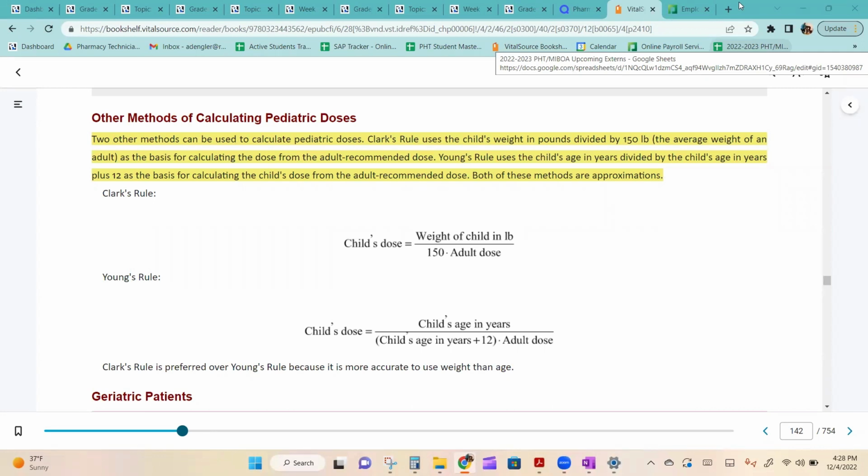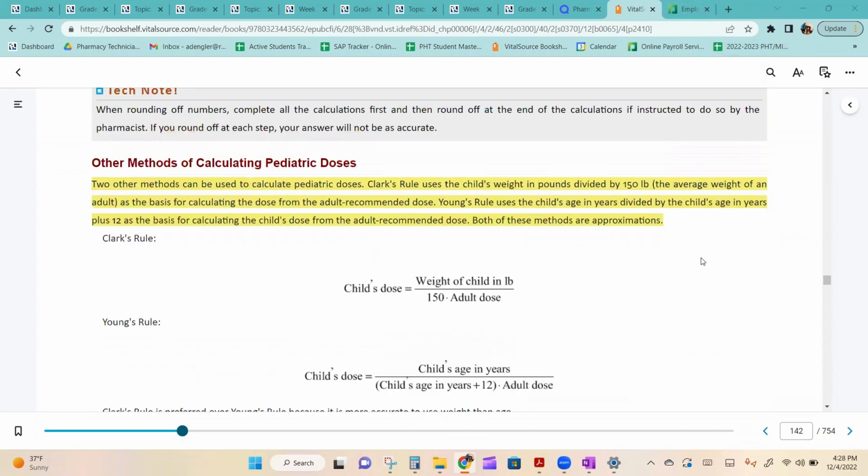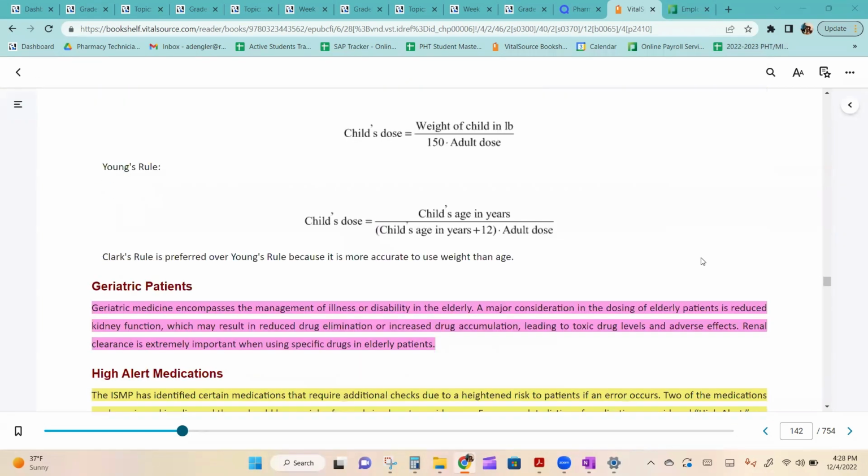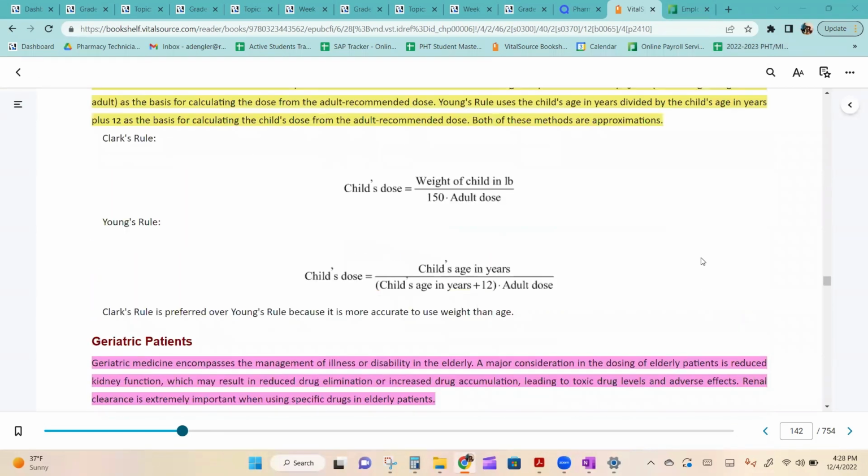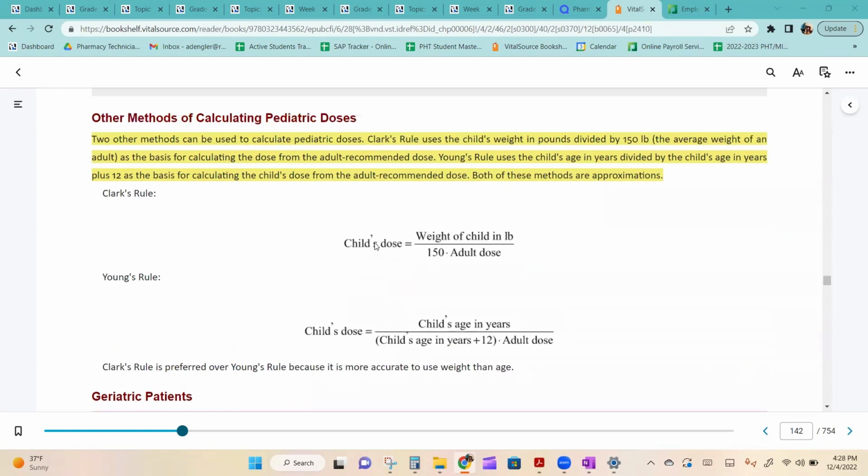So some other methods of calculating pediatric doses are using Clark's rule, Young's rule, and there's one more that's not in this book, but one more that we'll use. There are no examples of this, but in a problem, it would give you the weight of the child in pounds or kilograms.